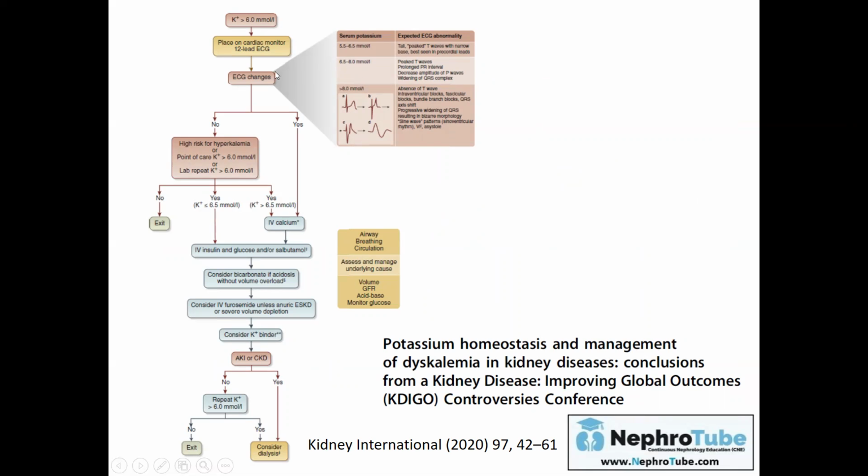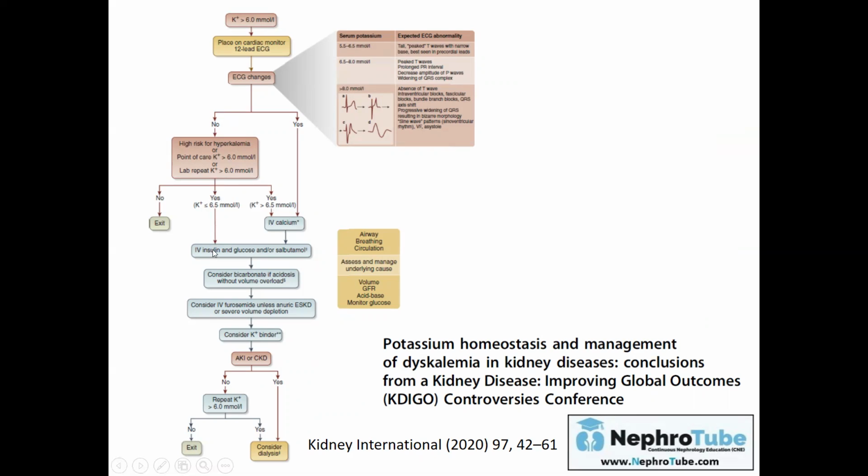If you have a patient with hyperkalemia with ECG changes, you have to start immediately intravenous calcium, and we will discuss now the importance of intravenous calcium. If no ECG changes, does the patient have potassium more than 6.5? If yes, start intravenous calcium even in absence of ECG changes.